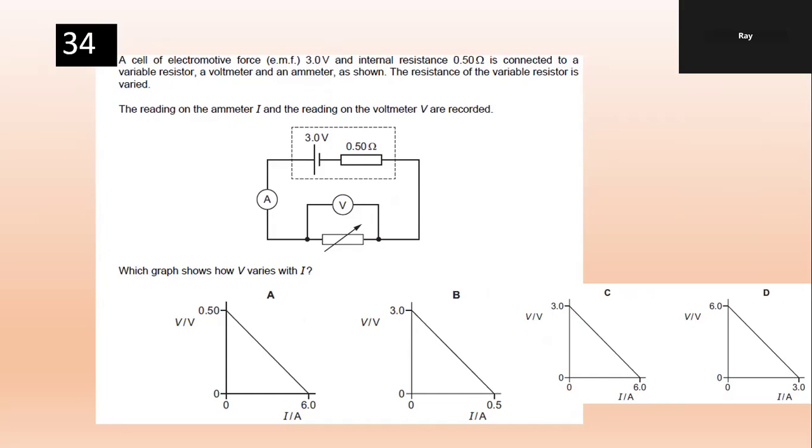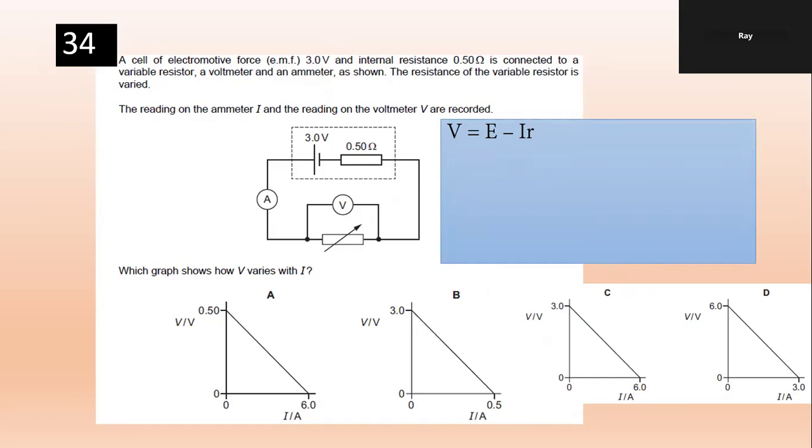E. There's a formula for potentiometer reading or terminal potential difference. E minus IR. Put in your value that's given.